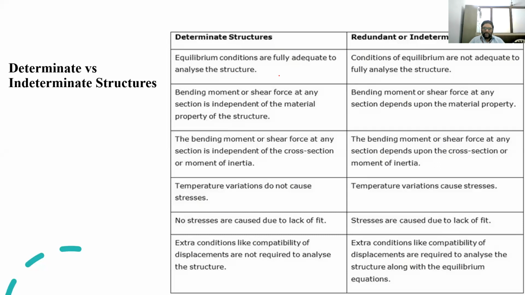If a structure or a member can be solved using the equations of equilibrium, then it is called a statically determinate structure. But if a structure or a structural member cannot be solved using the equations or conditions of equilibrium, then it is said to be statically indeterminate.